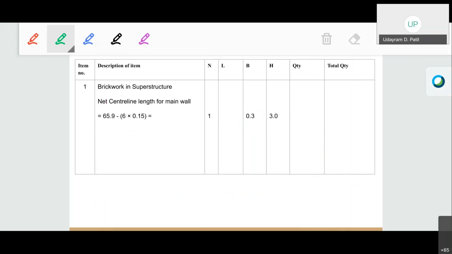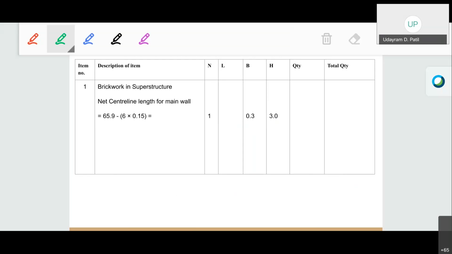So calculate the quantities again for the brickwork in superstructure as per the center line method. The quantities come almost the same. Again, see, our UCR also came 23.555. The quantities will be the same even if you use the center line method or the long wall short wall method.